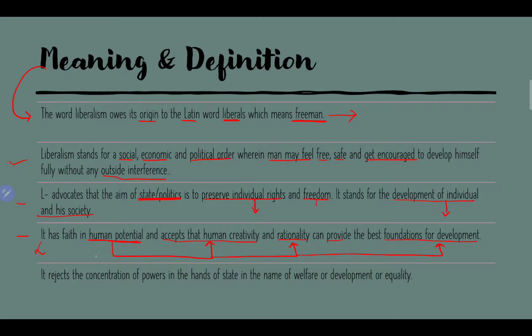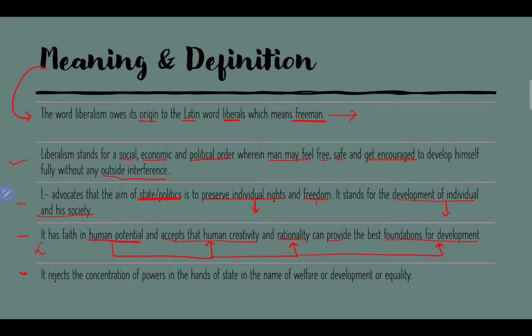This is synchronicity: first human potential, then human creativity, then rationality, and ultimately the new foundations of development take place. So these coherent things that happen in a society are given by liberalism, and it talks about free men.